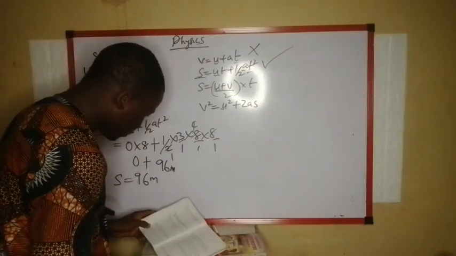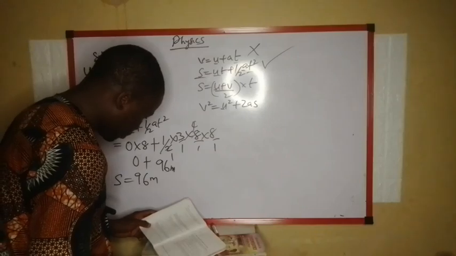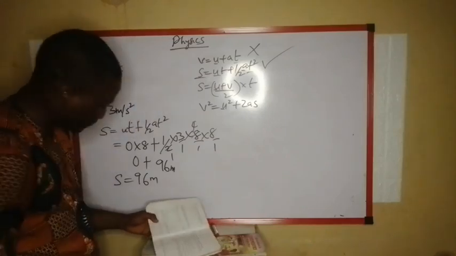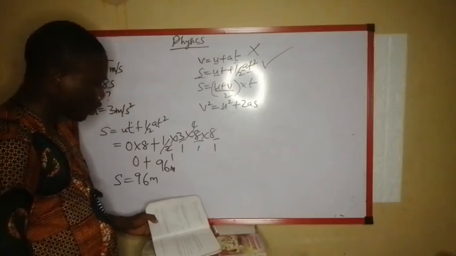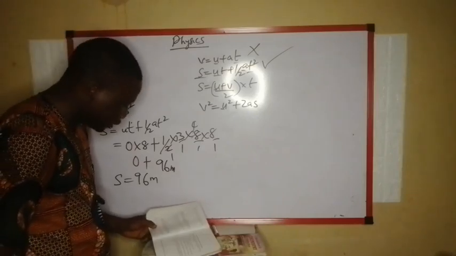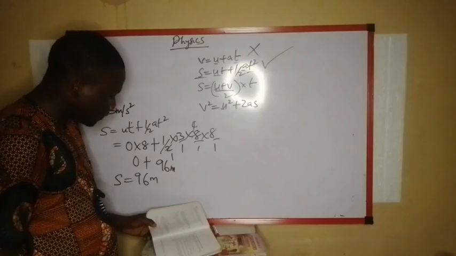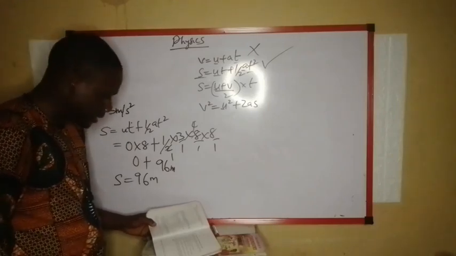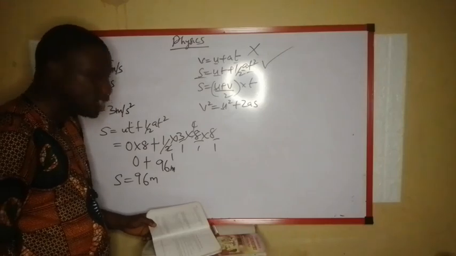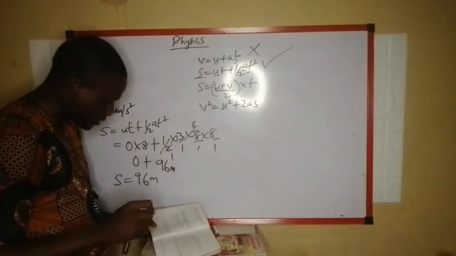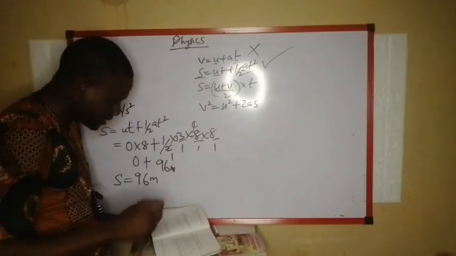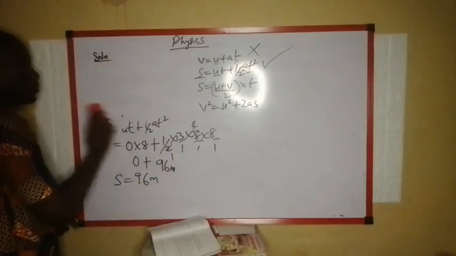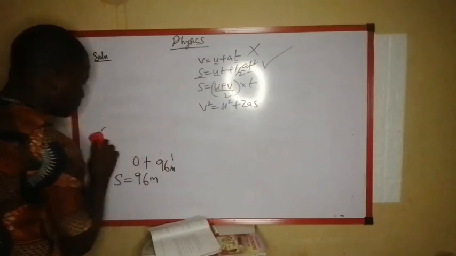Then we have another question here, which I'm also going to display on the screen. The question says, the motion of an object moving in a straight line is uniformly retarded so that it comes to rest in 20 seconds. So let me clean what we have on the board now so we can answer question 2.